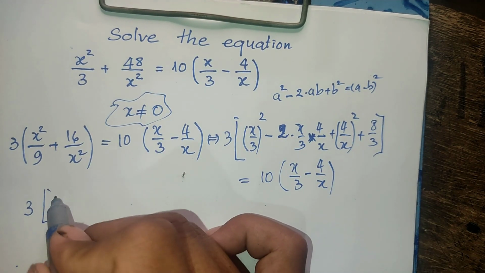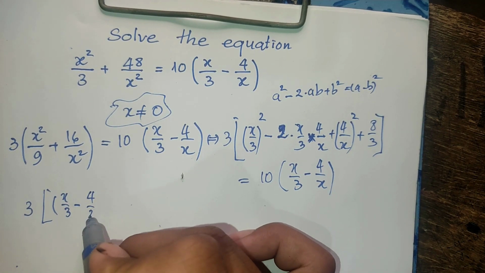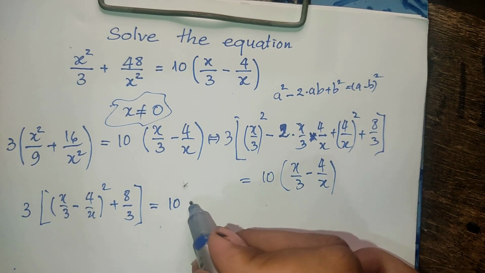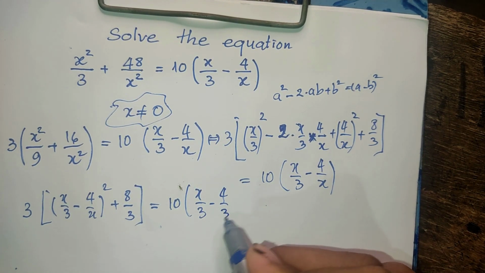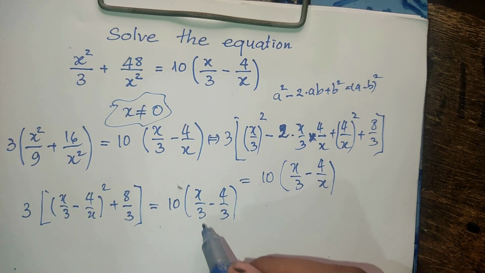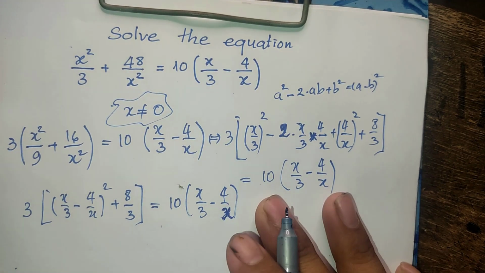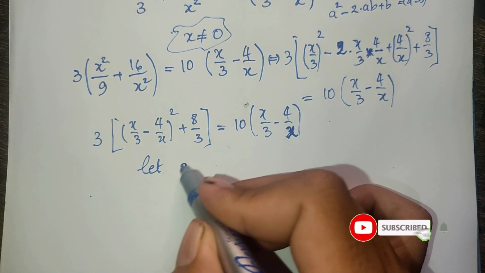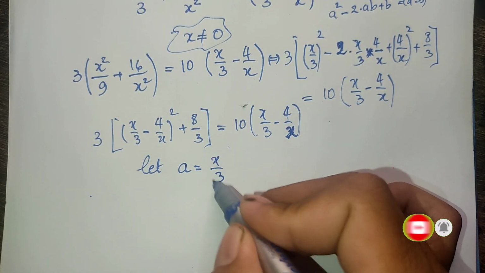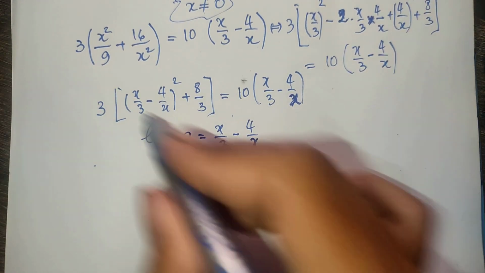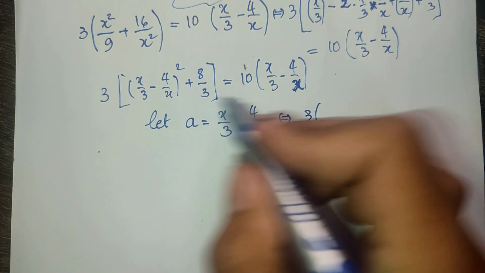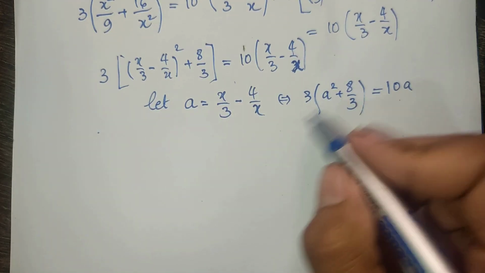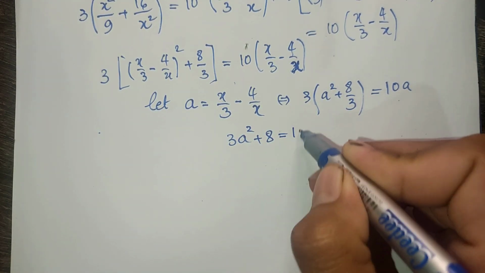So we get 3 times (x divided by 3 minus 4 divided by x) all squared plus 8 divided by 3 equals 10 times (x divided by 3 minus 4 divided by x). Now let a equal x divided by 3 minus 4 divided by x. Then we get 3a squared plus 8 equals 10a.